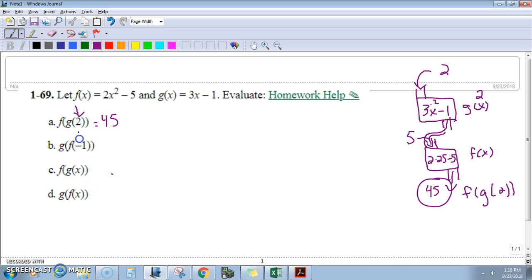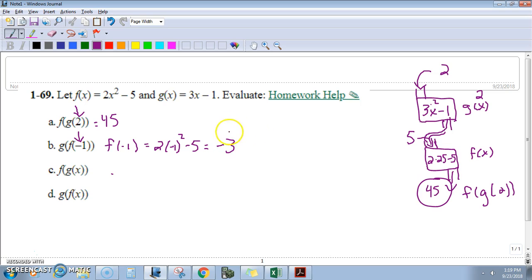Okay, so I'm going to do the same thing here, but here I'm going to start with f of negative 1. I don't know why I wrote negative 2. F of negative 1 is equal to 2 times negative 1 squared minus 5, which is 2 minus 5, negative 3.